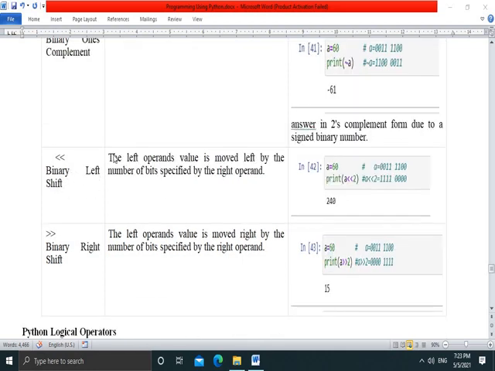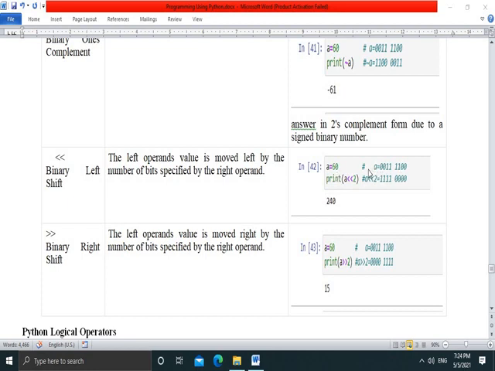Binary left shift. The left operand value is moved left by the number of bits specified by the right operand. Means the number is shifted left. If a is 60 and a left shift 2, then it shifts 60 left by 2 places.